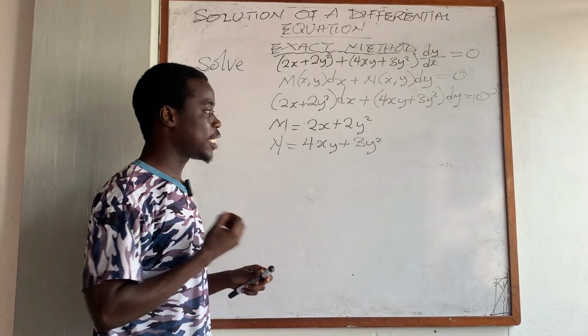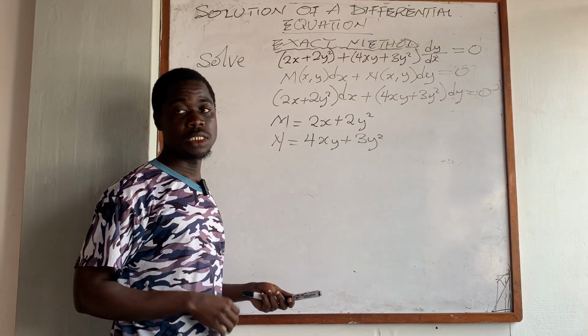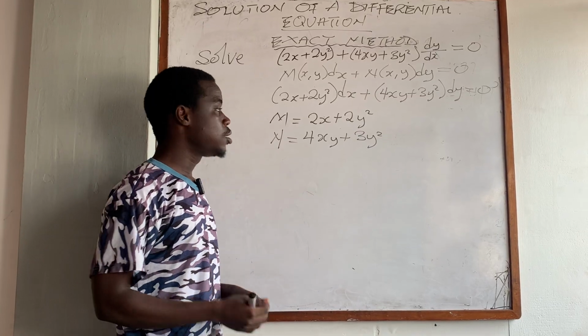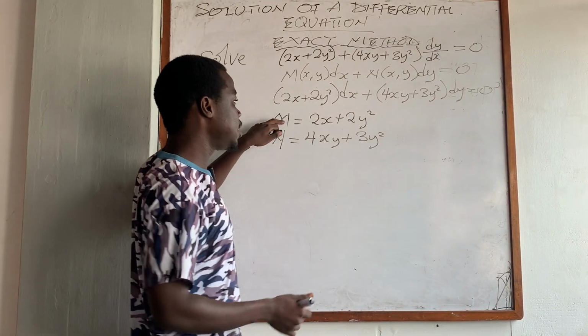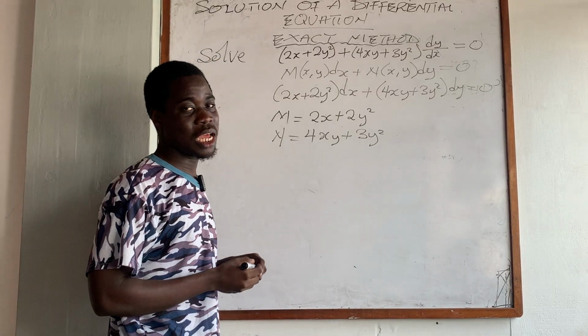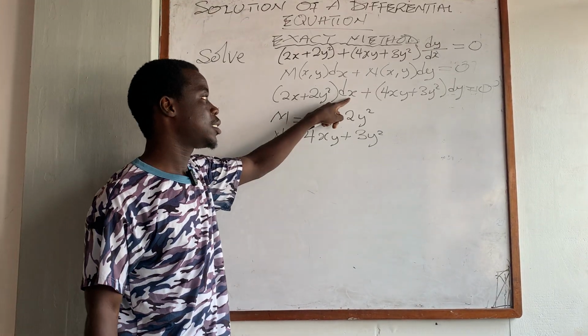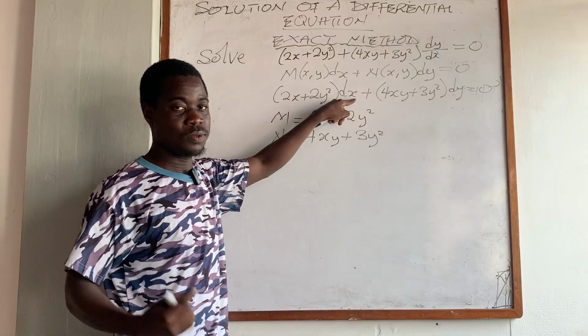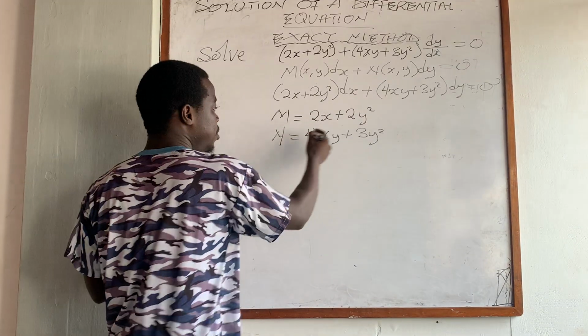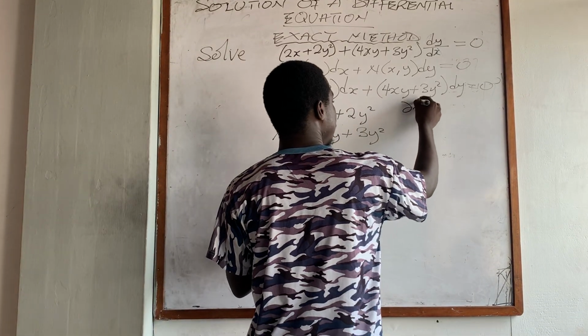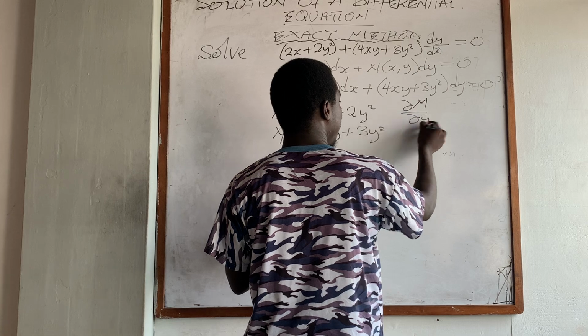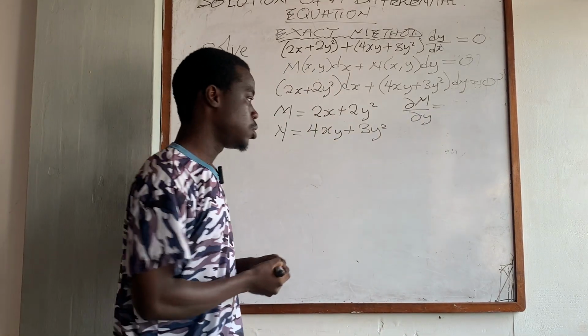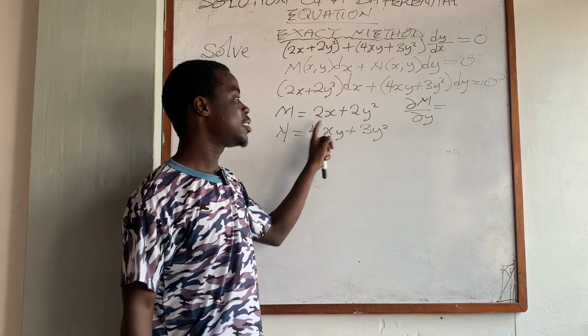So we are coming to check the sufficient condition for the exactness. So here I will differentiate this one, the M, with respect to the other variable. If you check the M, it is attached to what? X. So the other variable will be y. So I will differentiate that one. That is d of M with respect to y, and it should be equal to. So if you check here, I am differentiating this with respect to y.